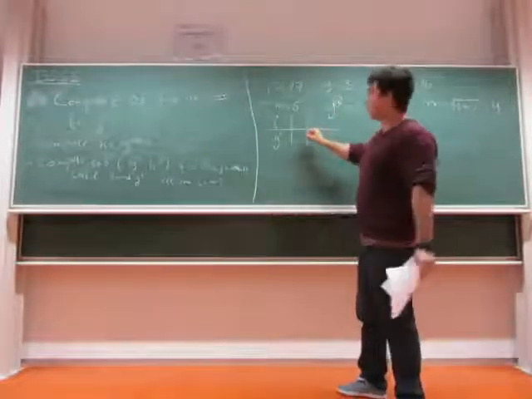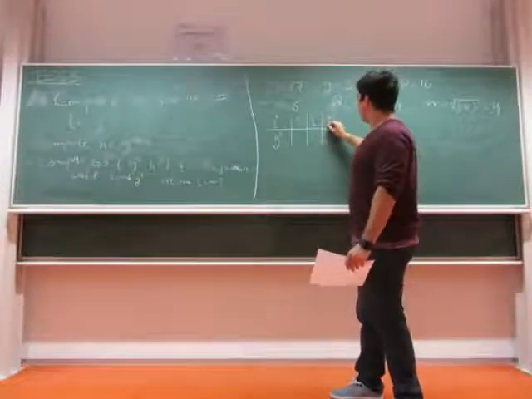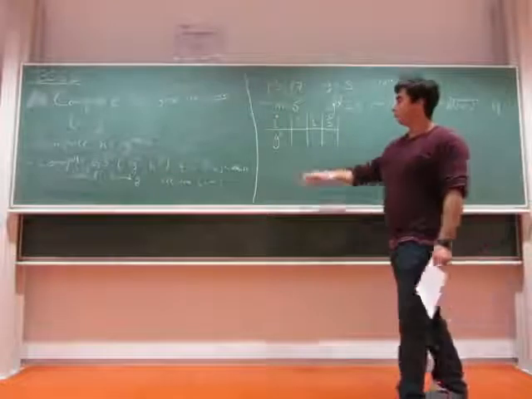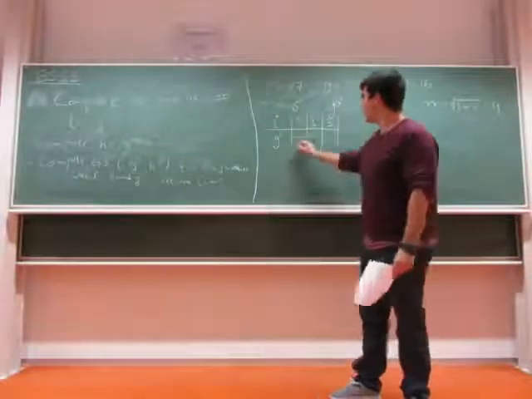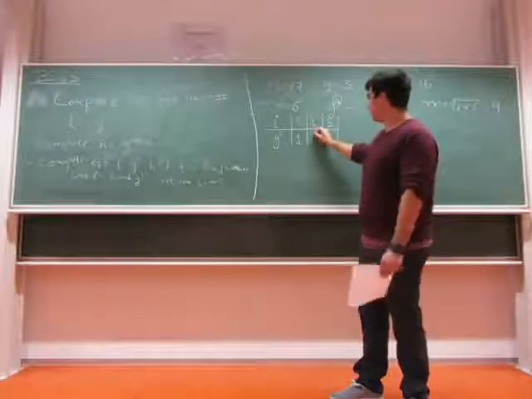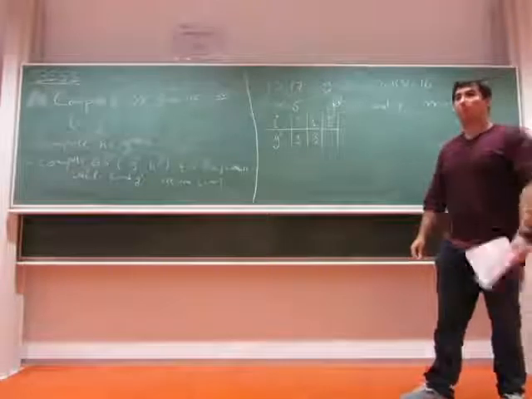So we are going to do for 0, 1, and 2. So 3 to 0 is 1, 3 to 1 is 3. Well, that was difficult to compute.